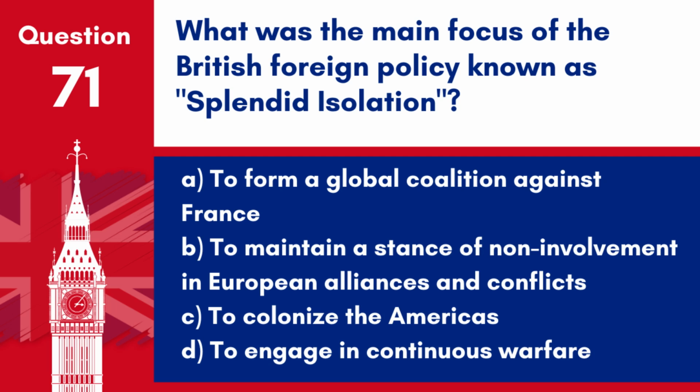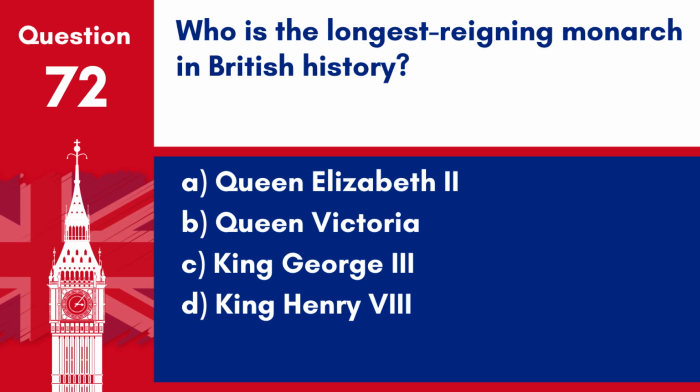Answer. B. To maintain a stance of non-involvement in European alliances and conflicts. Splendid isolation refers to Britain's late 19th century policy of avoiding formal alliances, focusing instead on its empire and naval dominance.